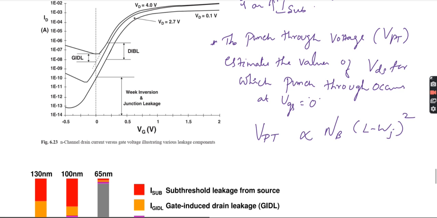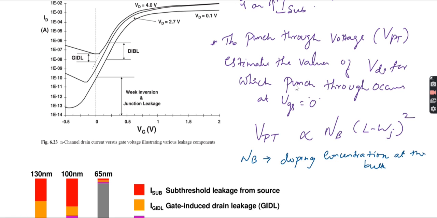What are the parameters? The first parameter is NB. NB is nothing but the doping concentration of the bulk, because already we said you need to keep the doping constant.